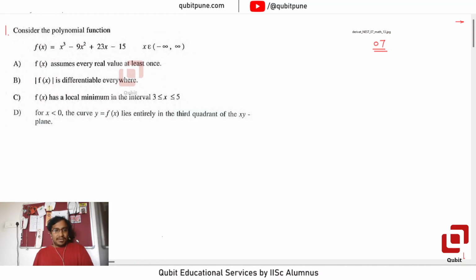Now this is actually a multiple select question, so there may be more than one option correct. We will start by writing down the given function, which is x cubed minus 9x squared plus 23x minus 15.